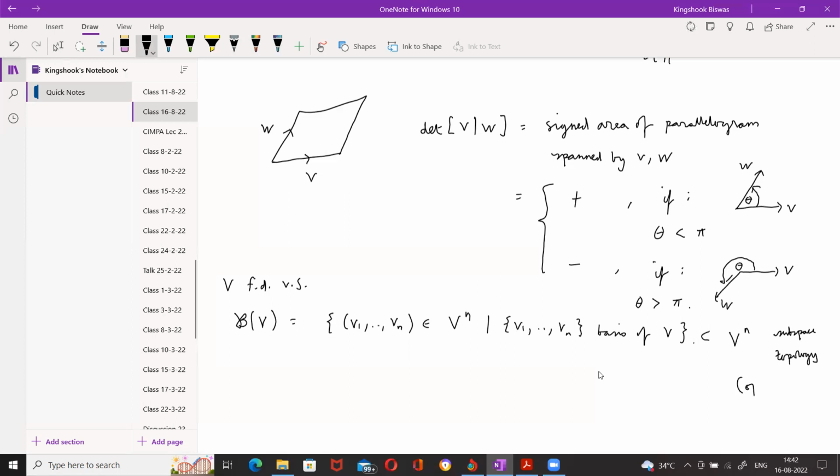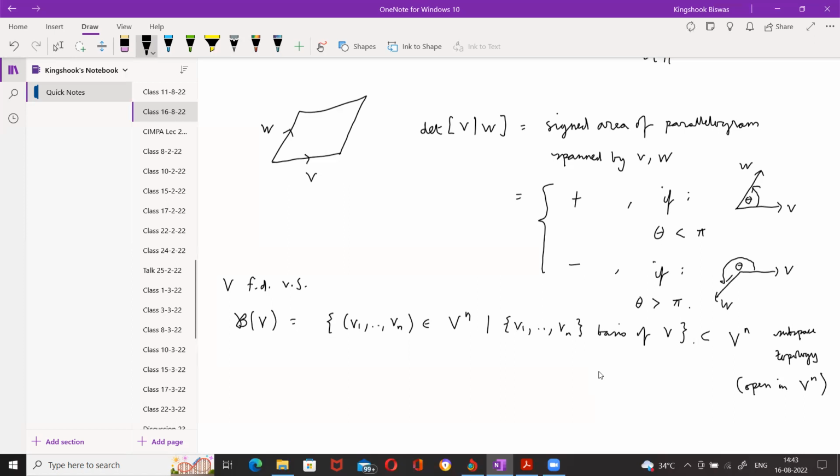Because if I write this as column vectors, the determinant is a continuous function, right? So if the determinant of V1 to Vn is non-zero, then for all n-tuples close to V1 to Vn, the determinant will be non-zero. So it will stay a basis, right? So this is an open subset of V power n.